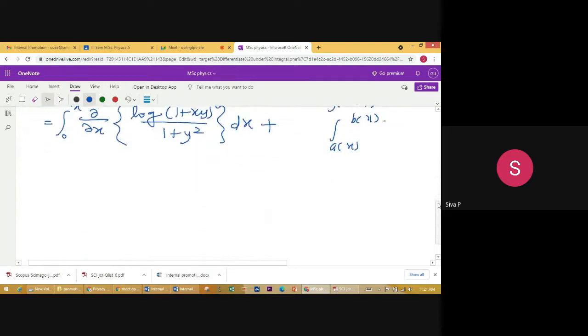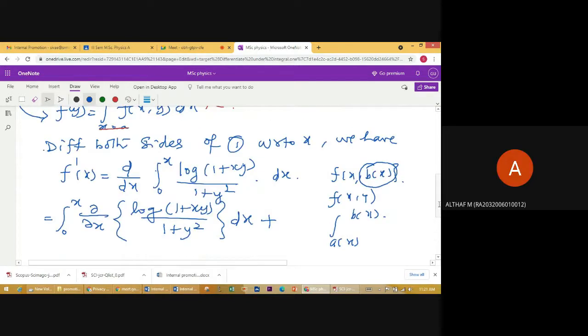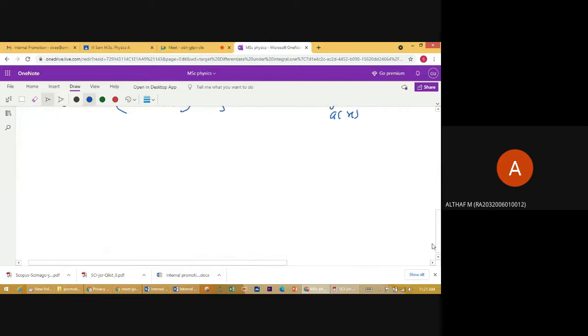F of x comma y equal to log(1 plus xy) by (1 plus y square).